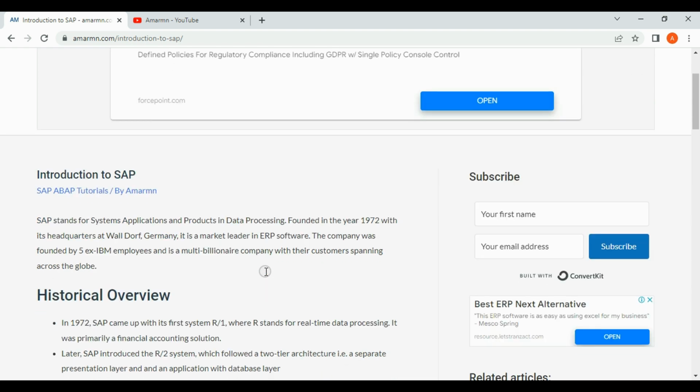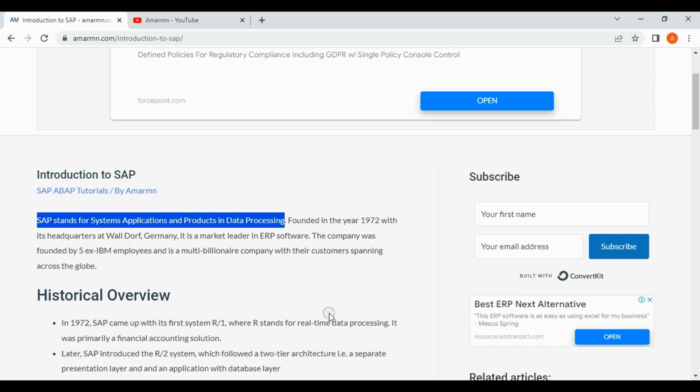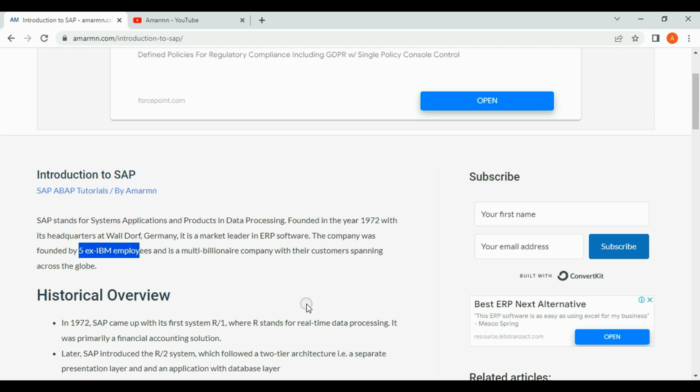So the very first thing: what SAP is. SAP stands for Systems, Applications and Products in Data Processing. This company was founded in the year 1972 by five ex-IBM employees, and today it is definitely a billion-dollar company, more than a billion-dollar company.